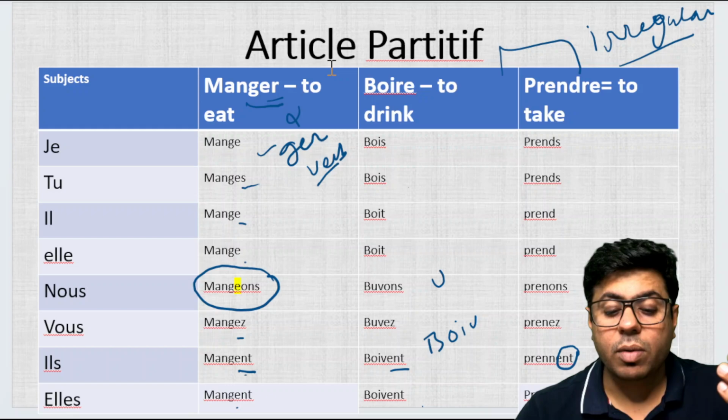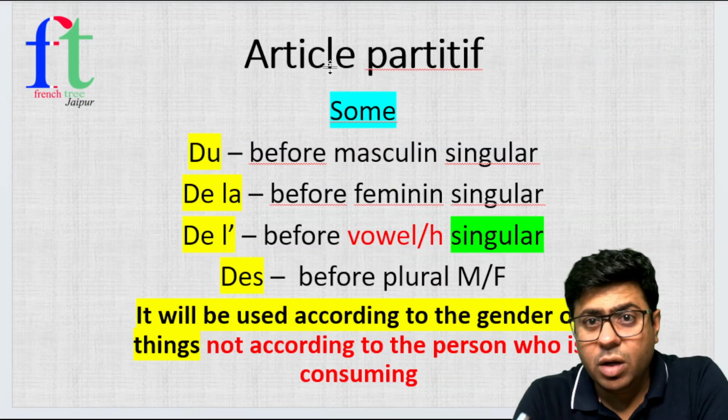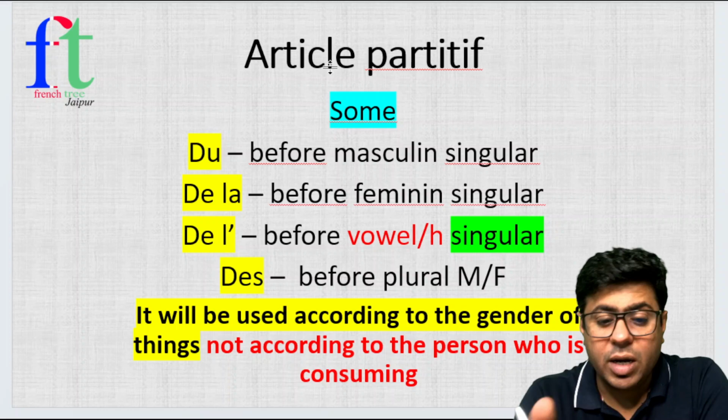Because we use them whenever we are saying something. For example, I am eating XYZ. My XYZ noun, if it is masculine, then I use du before the noun, because it's a masculine noun.